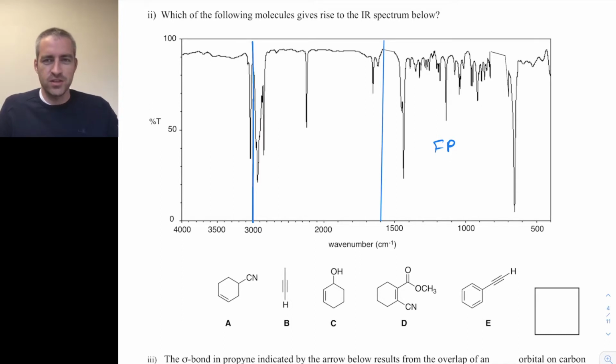There's two stretches in there that we sometimes look for, for ethers and for esters. But what else we see here, one thing that jumps out at me for sure is this right here, which is a triple bond.